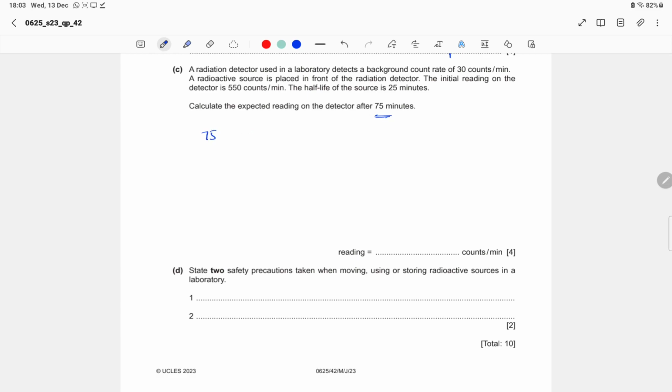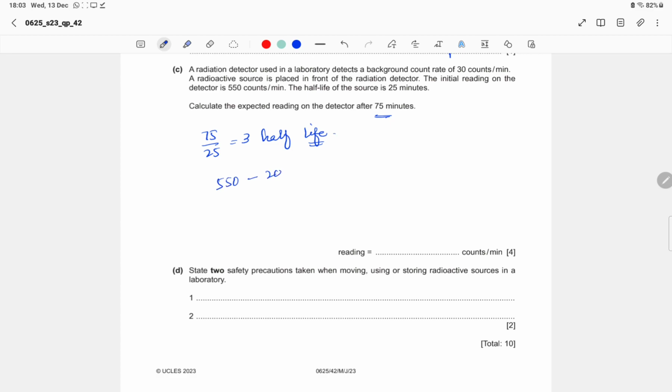So first of all, you need to find out the number of half-lives, which is going to be 3 half-lives. What is the amount of remaining element? So this is 550.